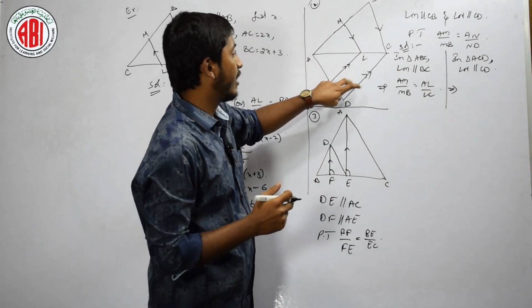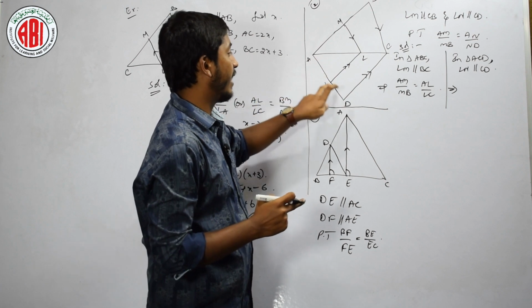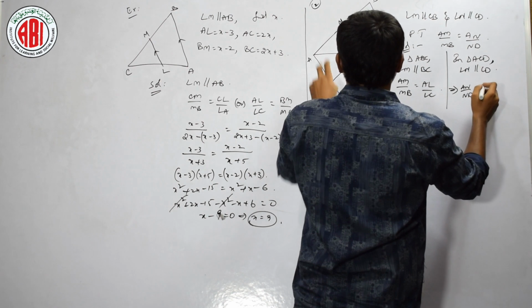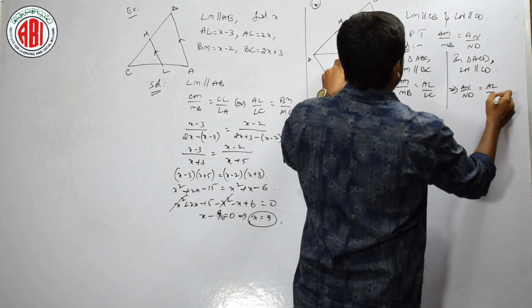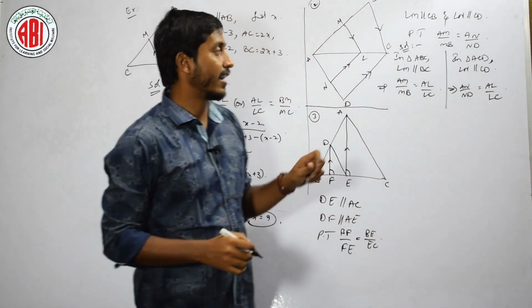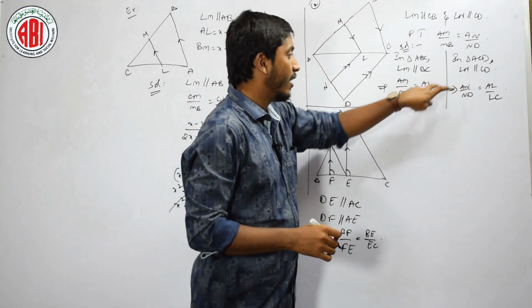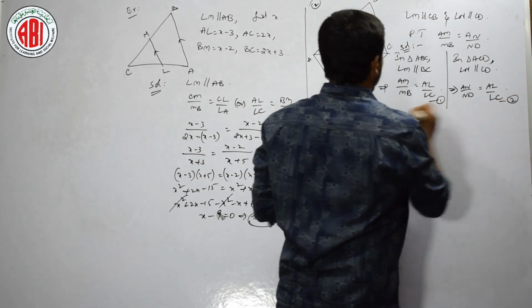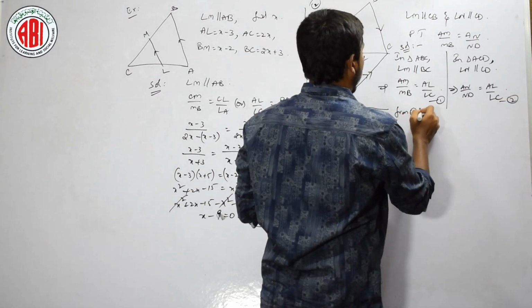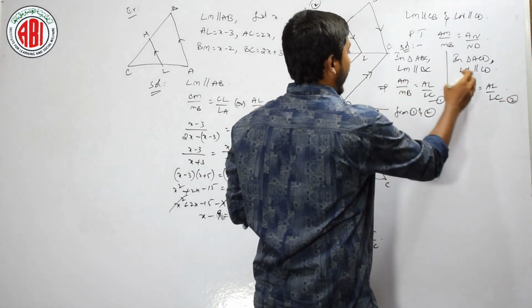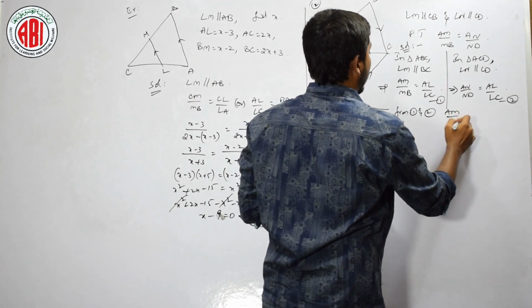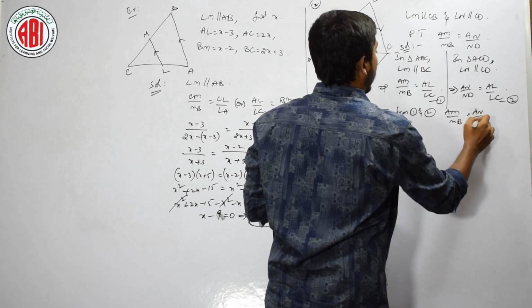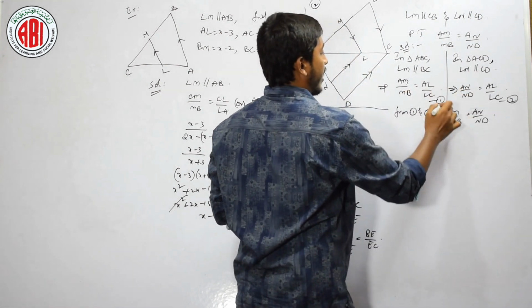If LN is parallel to CD, then we can say that AN by ND is equal to AL by LC. Is it right? From the first and second, I got the value of AL by LC, right? This is 1 and this is 2. From 1 and 2, I can equate AM by MB is equal to AN by ND. That is what he asked us to prove, right?